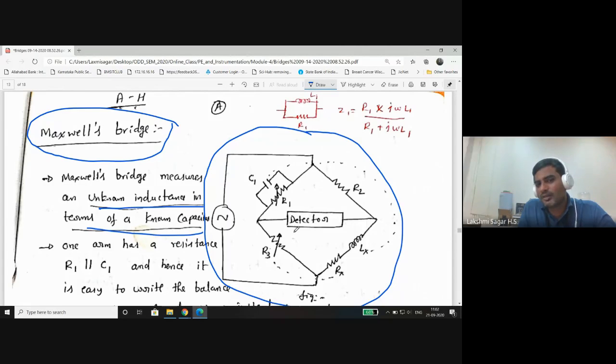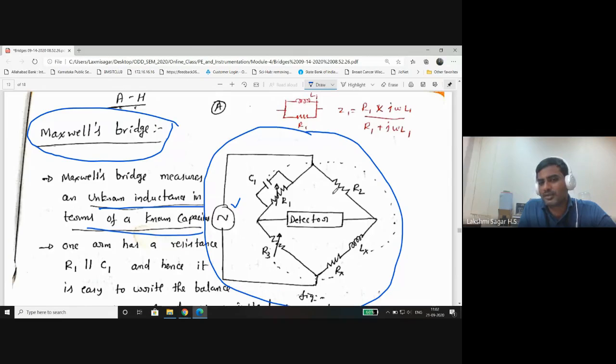But along with that resistance, if capacitance or inductance is connected in series or parallel, then the source should be AC. So you can represent the arm of the bridge network in terms of impedances.